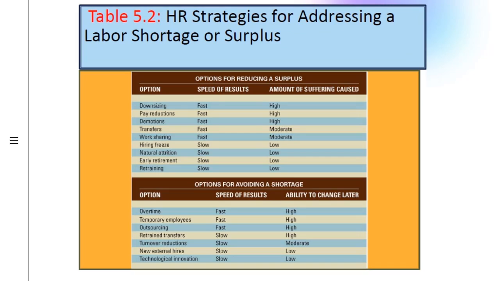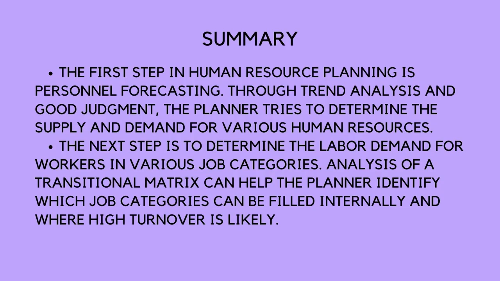The table shows the speed results of each option previously presented to solve the organization's labor surplus or shortage. It also presents the amount of suffering each option causes to its human resource. In summary, the first step in human resource planning is personnel forecasting.